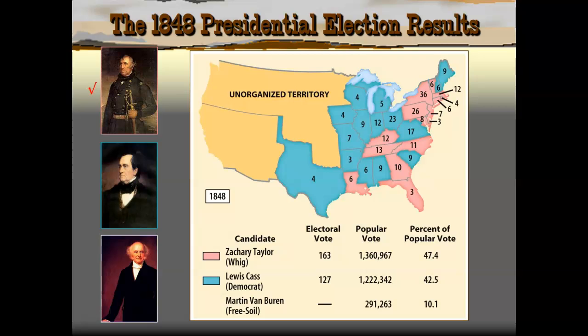And Taylor now has to face this question: what are we going to do about California? He pretty much sends a note to California and New Mexico and tells them not to wait on Congress, but to determine for themselves how they want to enter the Union, which makes it sound like he's kind of supporting the popular sovereignty idea, right?